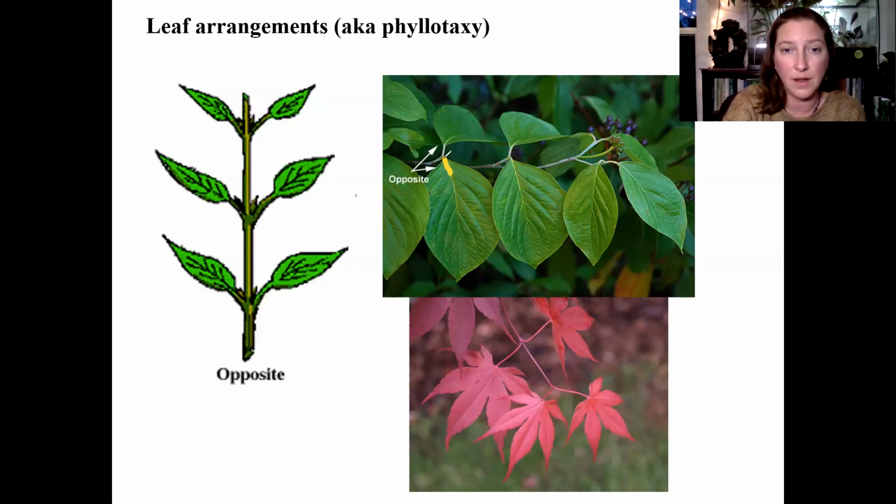This whole thing here is a leaf, but I'll just touch on it right there. And look, here's another leaf directly opposite it. Down here in this maple, this example of leaves that are not green, these are red. Here is a leaf here, and then directly opposite is another leaf. So that's opposite leaf arrangement or phyllotaxy.